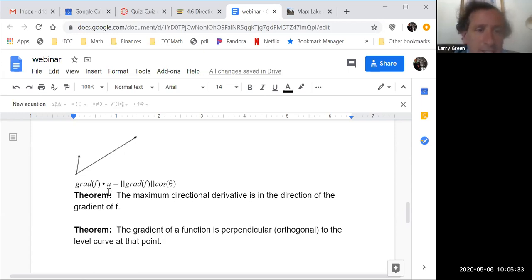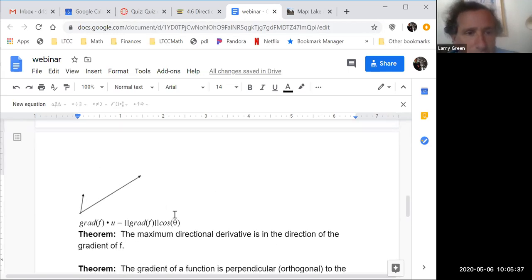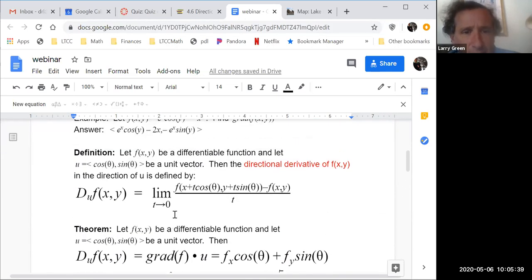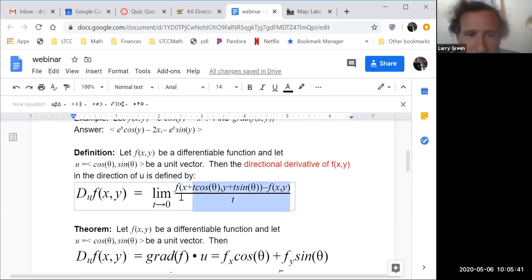Okay, and one way of seeing that is we know that if you look at a level curve, the direction of the level curve, let's go back to the definition. So if you're on a level curve and you move a little bit along that level curve, you haven't moved. You all agree? So that means the directional derivative is 0 along the level curve, right?